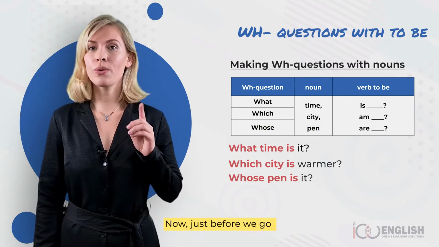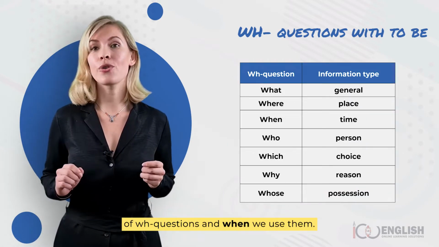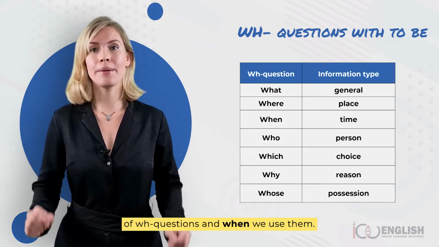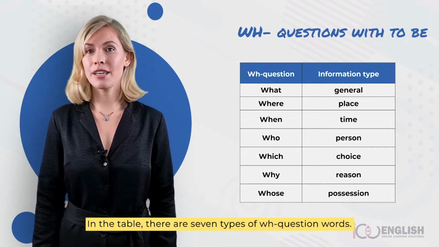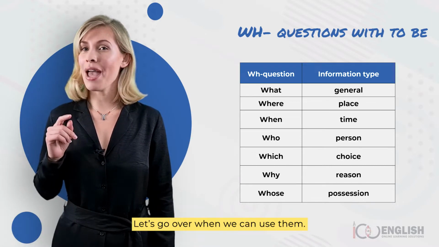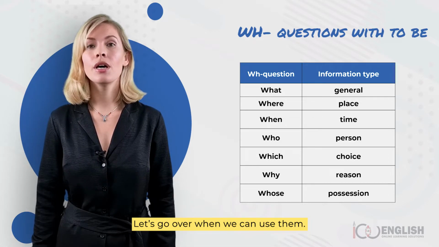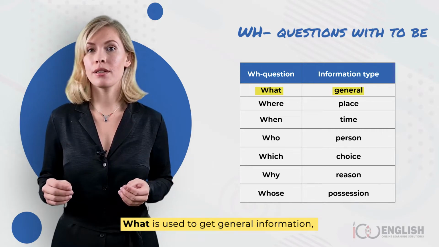Now, just before we go, let's check the different types of WH questions and when we use them. In the table, there are 7 types of WH question words. Let's go over when we can use them. What is used to get general information.